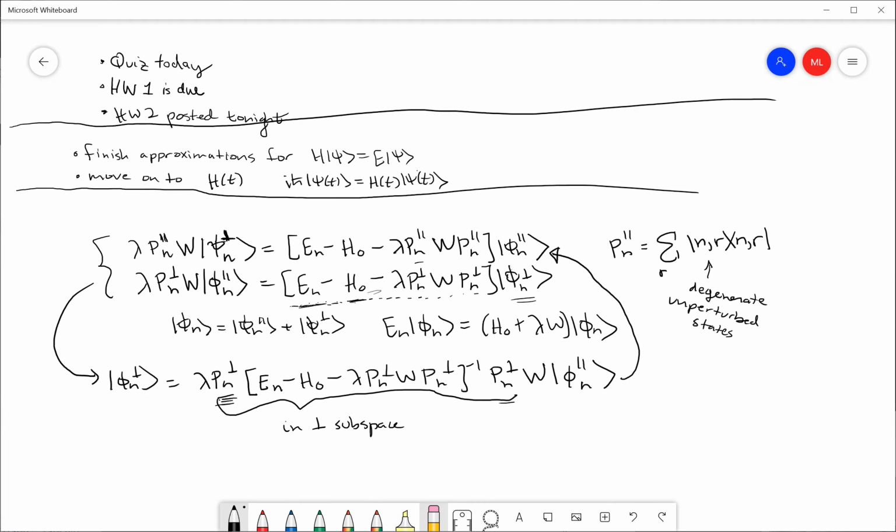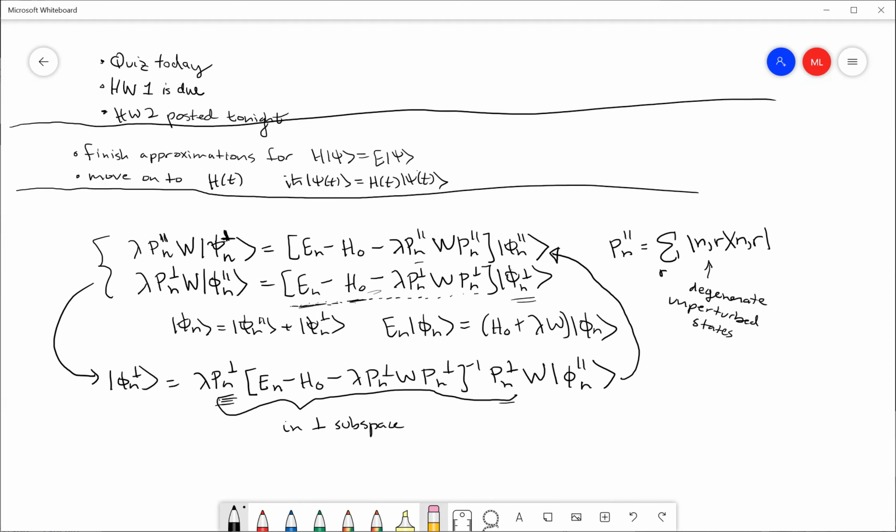And the first equation is just fine. It's just we can't invert that operator, the equivalent operator here, because it's in that parallel subspace where you can get things blowing up in the denominator. As I showed you in regular perturbation theory, if your unperturbed eigenstates are degenerate, then you get blowups in your denominators when you're doing second order perturbation theory and so on.